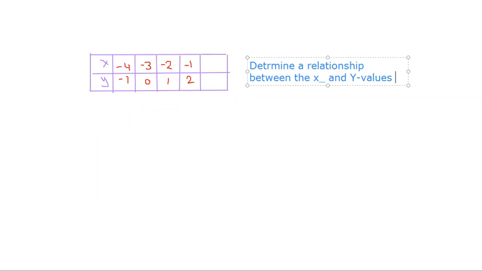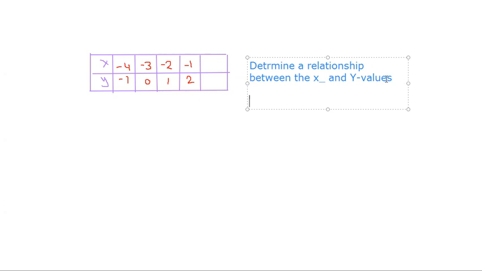When he says determine a relationship between x and y, what is he looking for, grade 9? Look at the question again. He said: determine a relationship between the x and y values, write an equation.